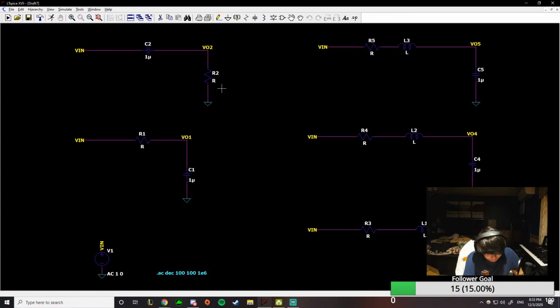Well, the capacitors are like the same value, so I think leaving the capacitance as that is fine. I don't know, whatever. This is so similar.